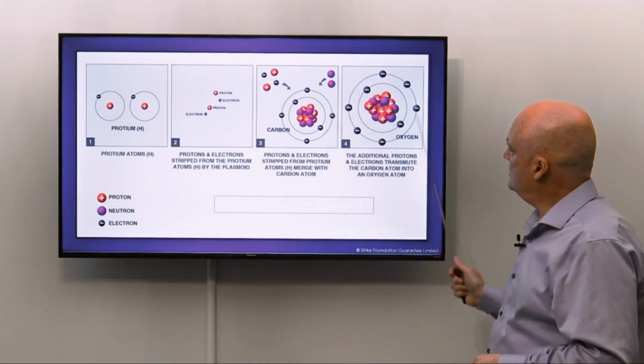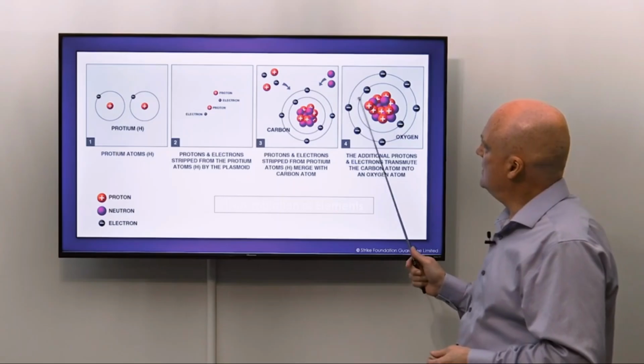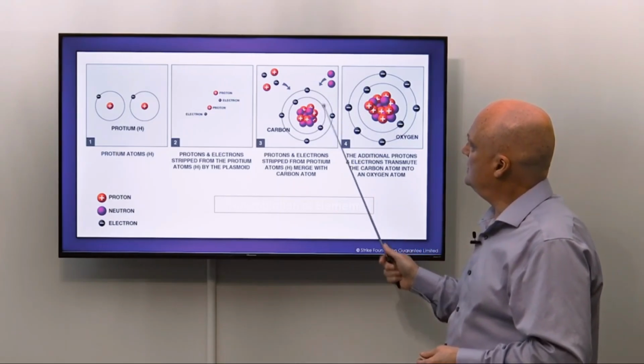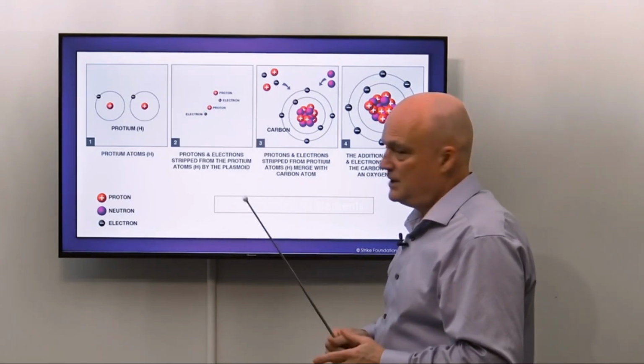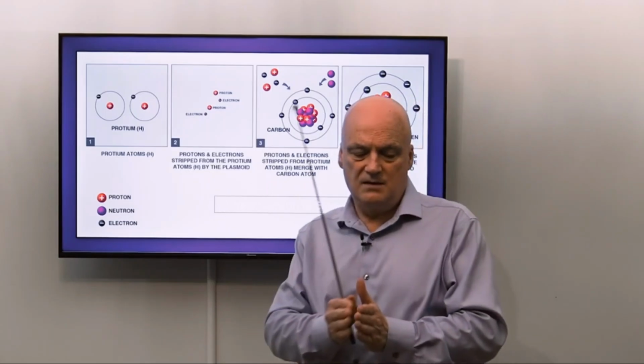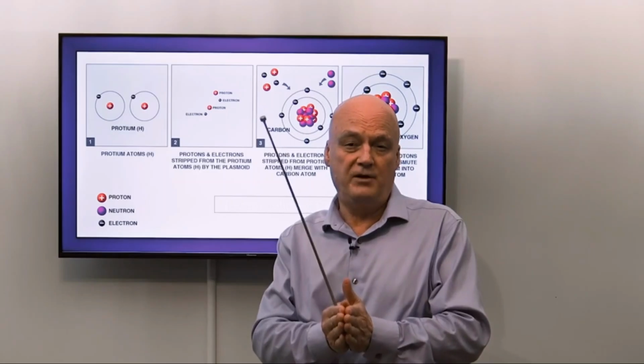So oxygen, which is your 888, can be created by adding protons and electrons which have been disassociated. That is, they've been taken back to their before-frequency state.